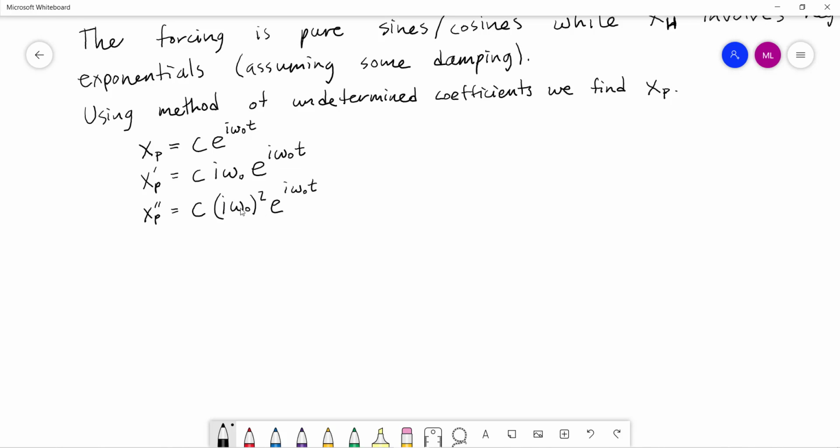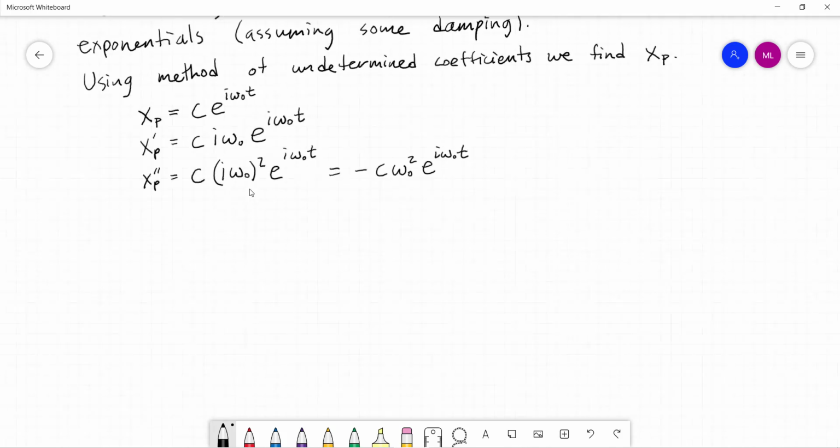And this term here is going to involve an i squared and omega naught squared. But what happens when we square i? Well, i is, by definition, the square root of negative 1. So when we square it, it gives us a negative sign. And we're going to get negative C omega naught squared e to the i omega naught t.